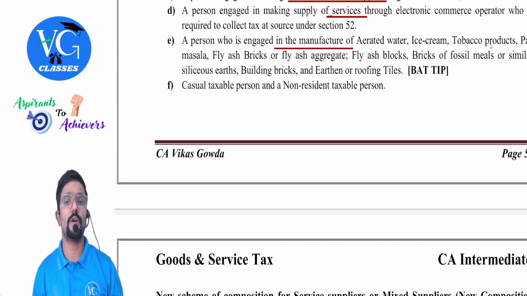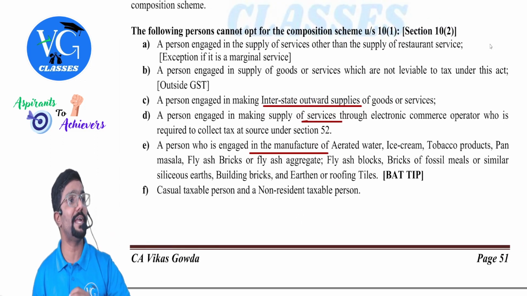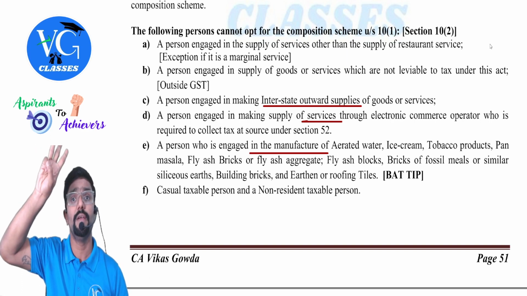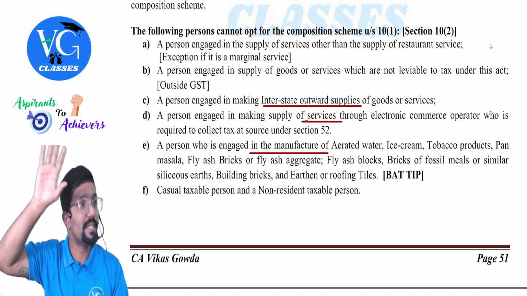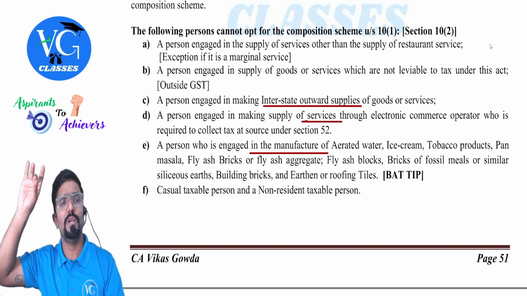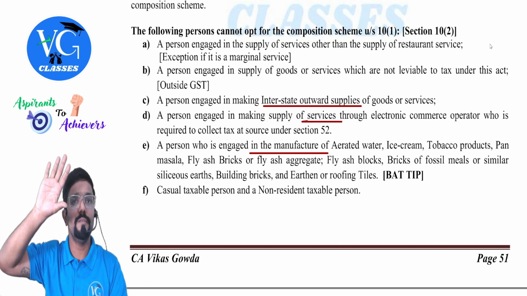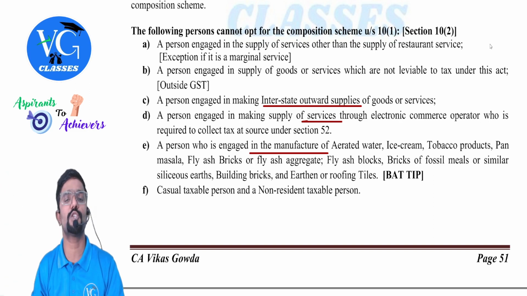So this is all about composition scheme. Till now, whatever we have covered is only two sections, 10.1 and 10.2. Eligible for only which products or which service people? Only three. What are those? RTM: restaurant, trader, and manufacturer. But only few manufacturers are excluded. What is it? Bat tip. Sir, along with these three, can I also provide any other small service? Yes, which is called marginal service.